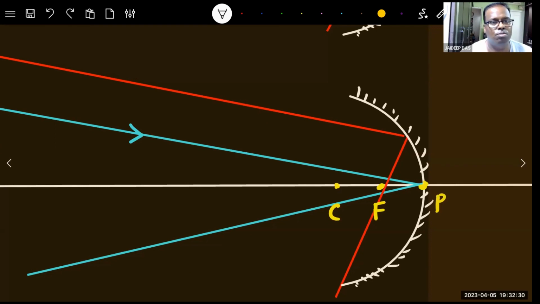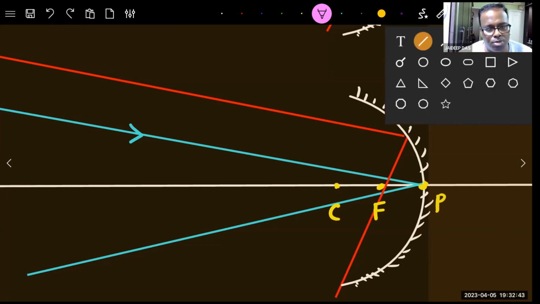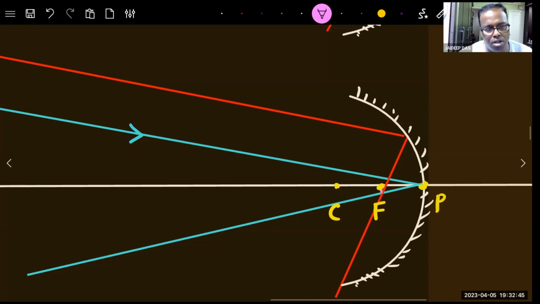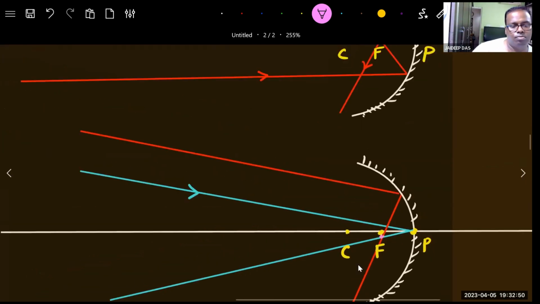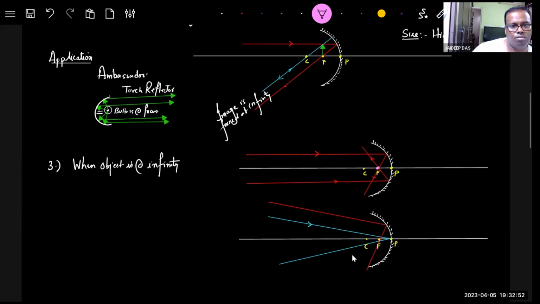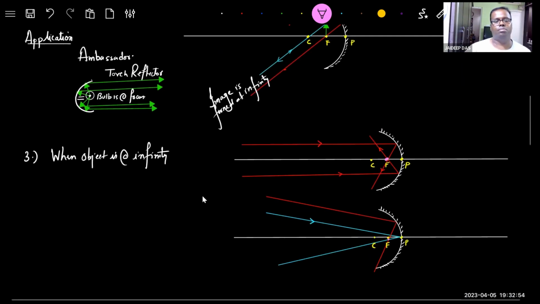So the image is formed at this point. Here the image is formed. Very small. In fact, I should not draw it this way. I'll draw it this way. The image is formed here. Out here. Small image. Did you get it?